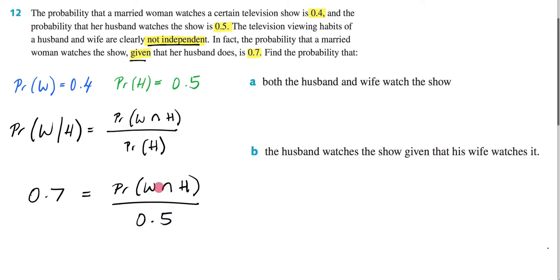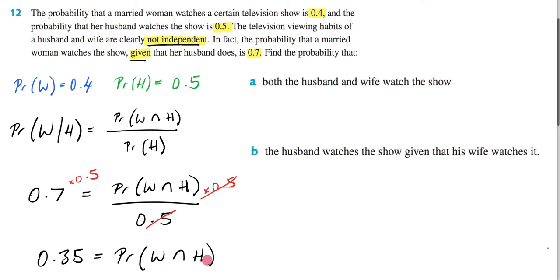So all I'm going to do is multiply both sides by 0.5, so that cancels, and I get 0.35 equals the probability of the woman intersection with the husband.